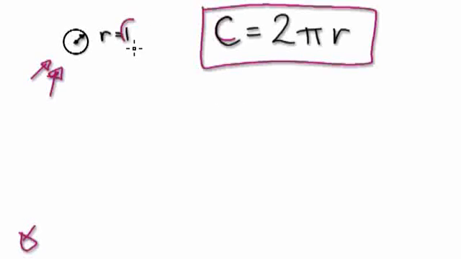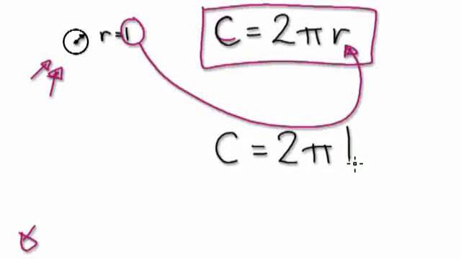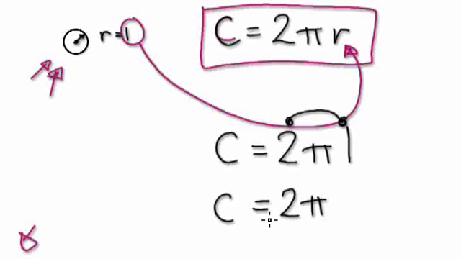Okay, r is 1. So let's put the 1 into the r here. So it would be C equals 2 pi times 1. Well, if you merge the numbers, 2 times 1 is 2. So really the circumference is just 2 pi.